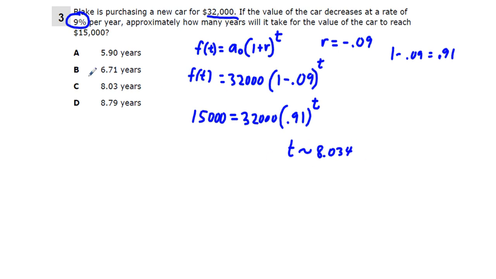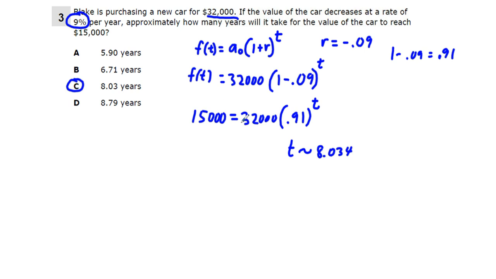So years, yeah, so C is going to be our best answer for this. And then you could have entered this and played around with it otherwise too. Gone to table view, we've got close to 8 on this. So there are different ways to do these problems.